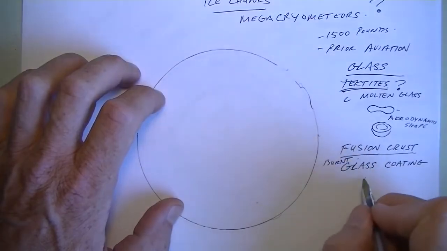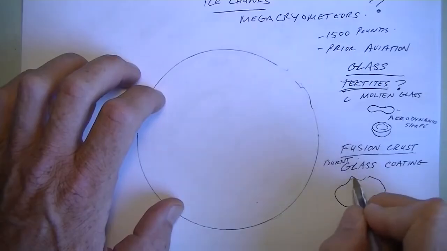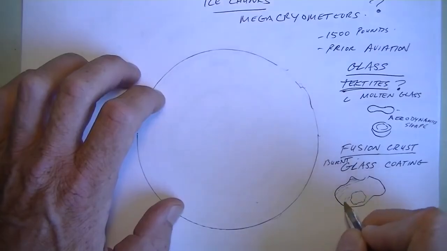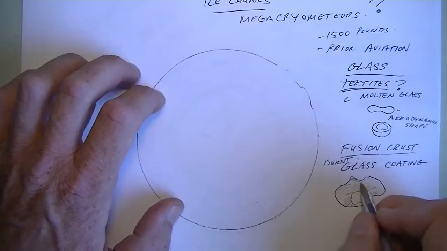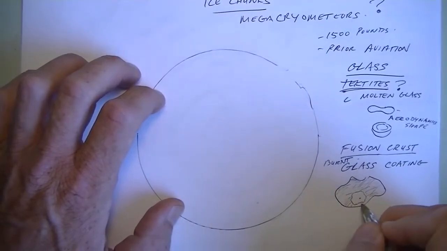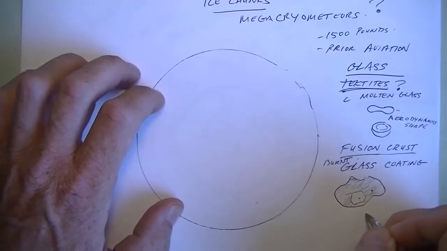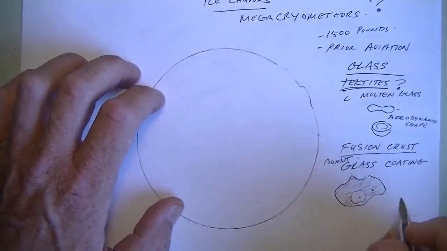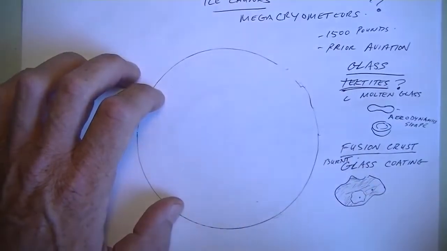If you peel away that coating, you'll see the rock beneath. And the very interesting thing is that the chemical makeup of the rock is different than the fusion crust. It's like they came from two different origins, and they did.